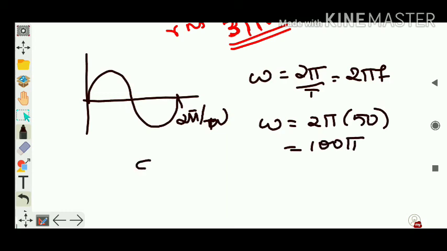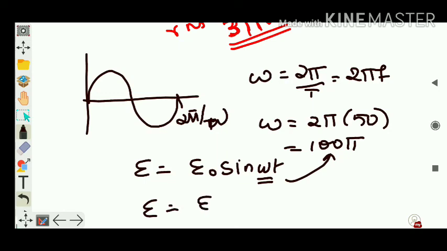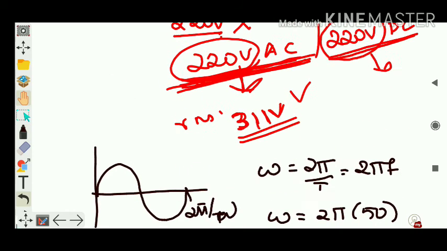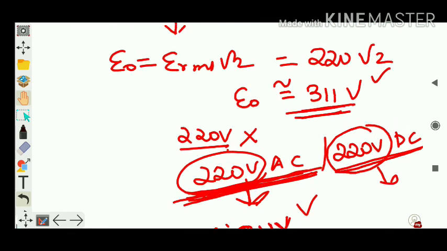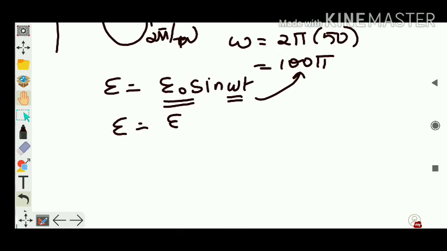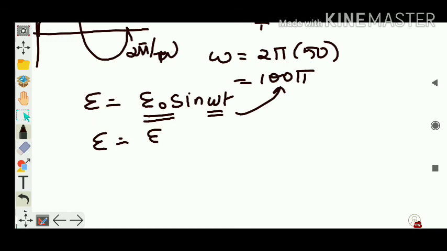And we just wrote the actual equation for EMF or voltage. Till now we have learned it as E naught sine omega t, right? In place of omega, I'm going to substitute this value. We just found the E naught value also. Remember previously E naught is 311 volt, right? So I'm going to substitute that value here also. So it is 311 volt sine 100 pi t.